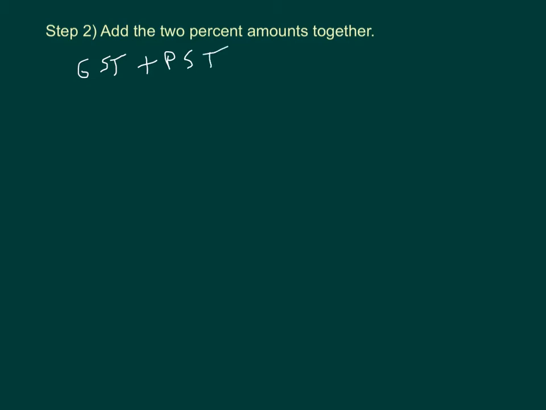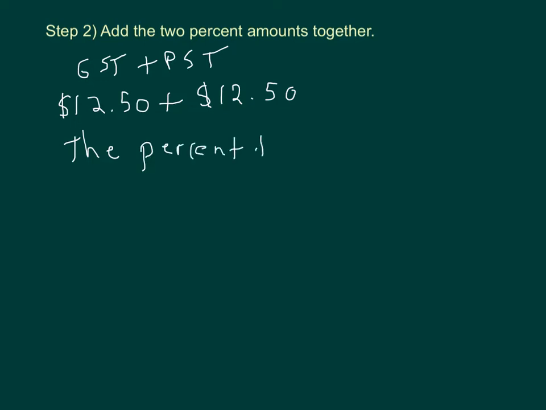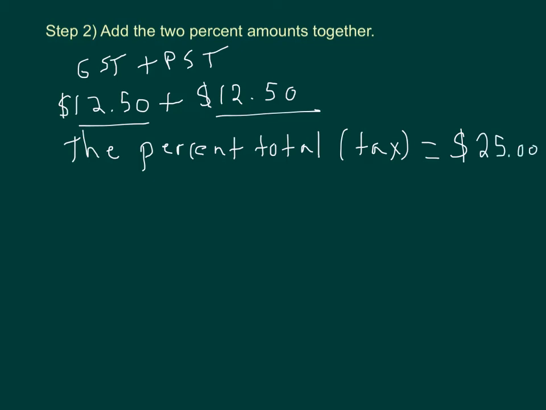We know from step 1 that our GST amount is $12.50, and our PST amount is also $12.50. So our tax amount is going to be 12.5 plus 12.5, which gives us $25.